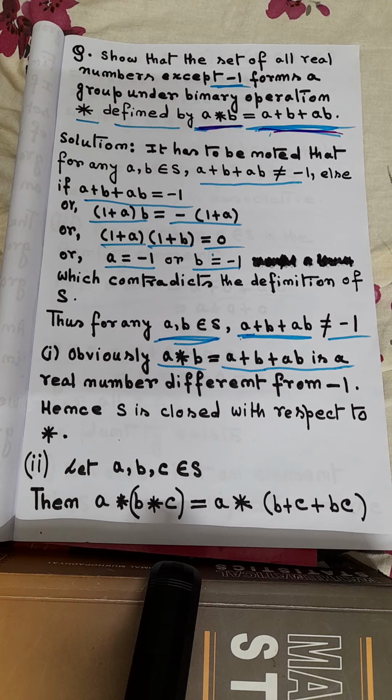So it is obvious that if -1 is excluded from this set, then the operation a + b + ab should not produce -1. We have to prove that the operation a + b + ab will not produce -1 in any way. How can we prove that? To prove that, consider a + b + ab = -1.